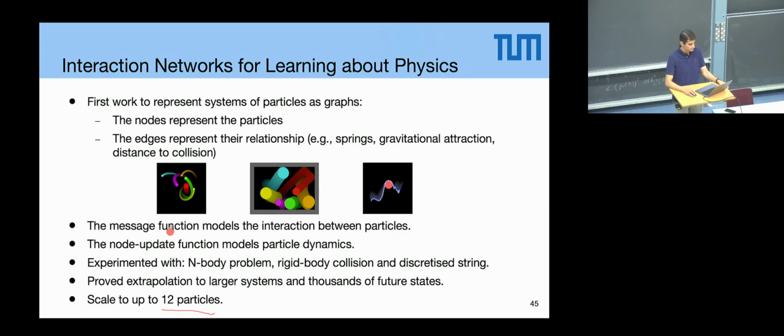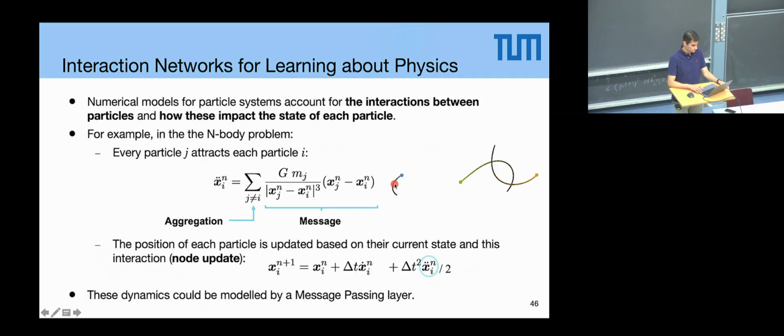And the 3 problems that they consider were the n-body problem, balls bouncing within a box, and a string interacting with a ball. We saw at the end of the last lecture that this relatively simple physics can be explained using our message passing framework.